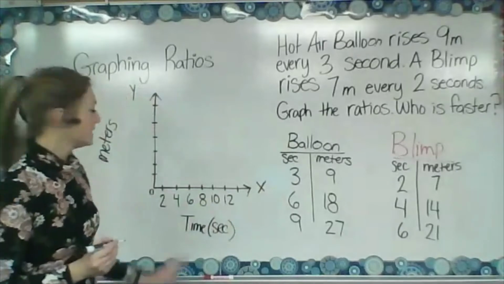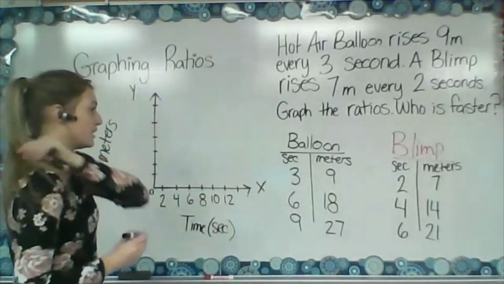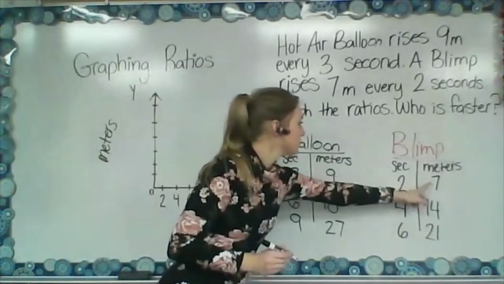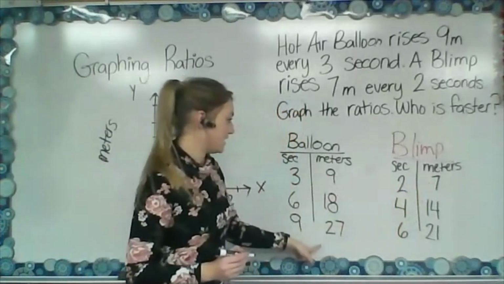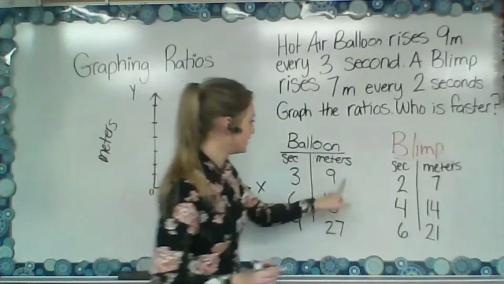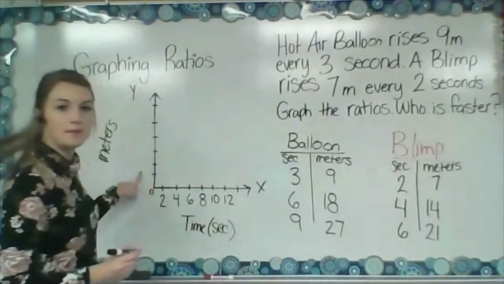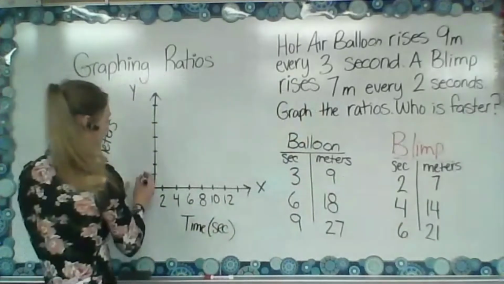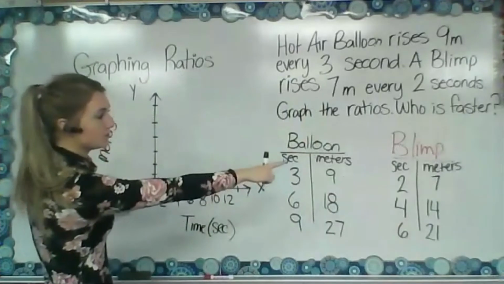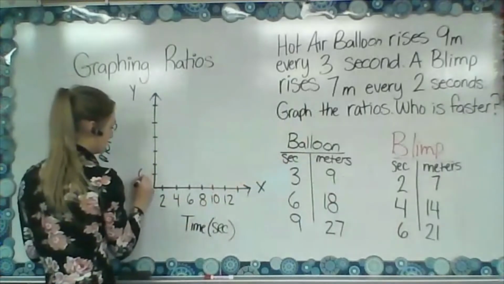Now we got to think about our meters. Our meters go everywhere from 7 to 27. But I see a bunch of numbers that 3 can go into, so I think I'm going to count by 3s over here. My smallest number is 7, so I'm going to skip 3 and jump right to 6, so I just have enough room.